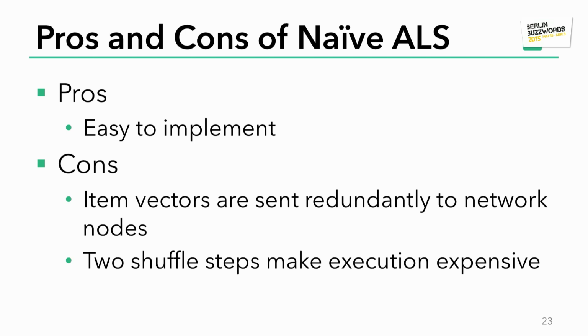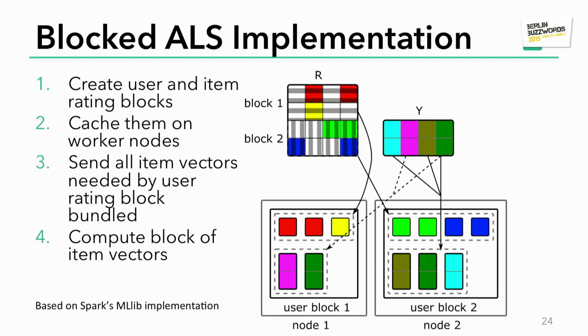So can't we do any better? Well, in fact, we can. We can do better by addressing these last two problems, namely sending redundant information and having two shuffle steps. First of all, we simply group all the users which are computed on one node together. For example, for node 1, we would create a user block which contains the first and the second user.